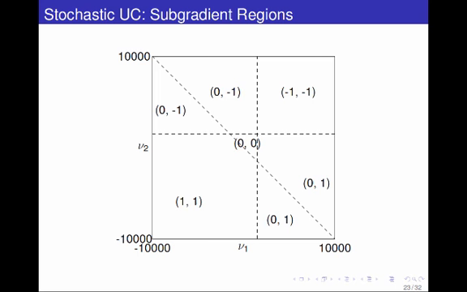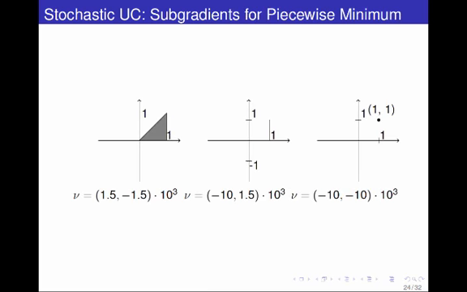So, what is the subdifferential over here? It is basically a single vector, 1, 1. At this point, the function has a single subdifferential.